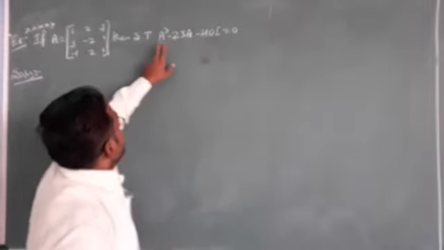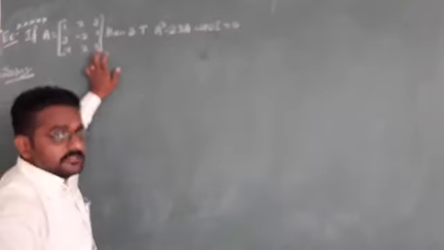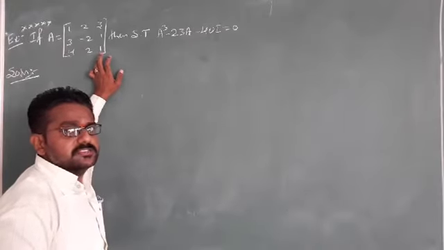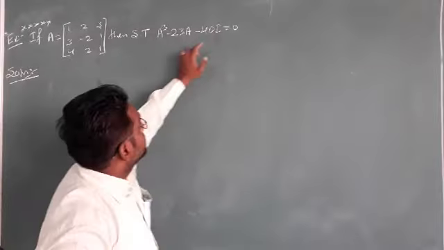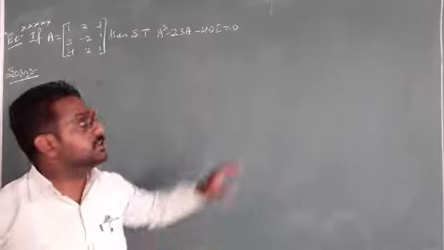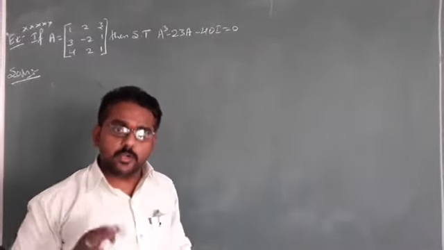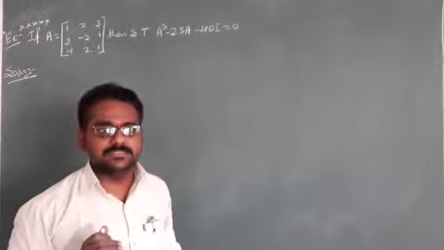In the given problem, A is a 3 by 3 matrix, so I is also a 3 by 3 matrix. If the given matrix A is 2 by 2, then you have to consider I also as a 2 by 2 matrix, not other than that.